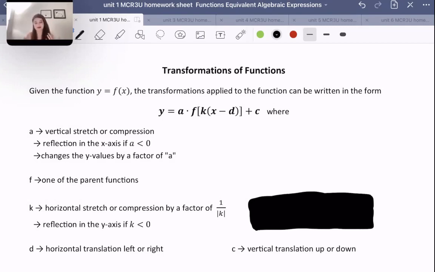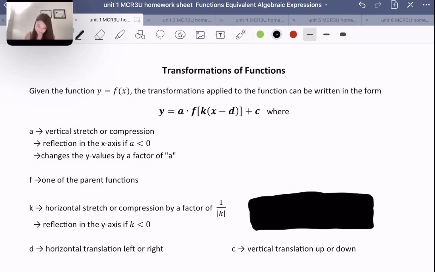How do we actually know what transformations to apply if we're asked to transform them, or if we're asked to graph something with transformations, or if we're asked to transform a table of values or a point, or we're asked to just make a list of transformations, because even that's a very common question as well: what are the transformations of the function? We're going to talk about all that today, but especially the making a list part, that's for sure.